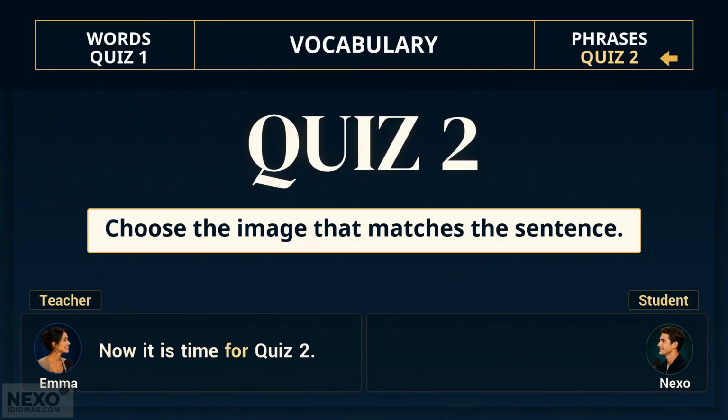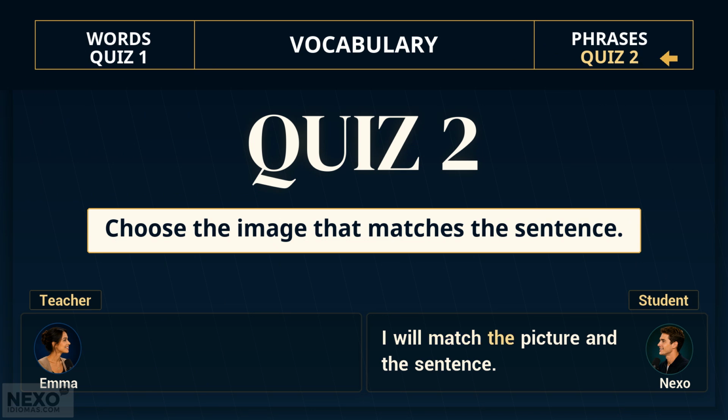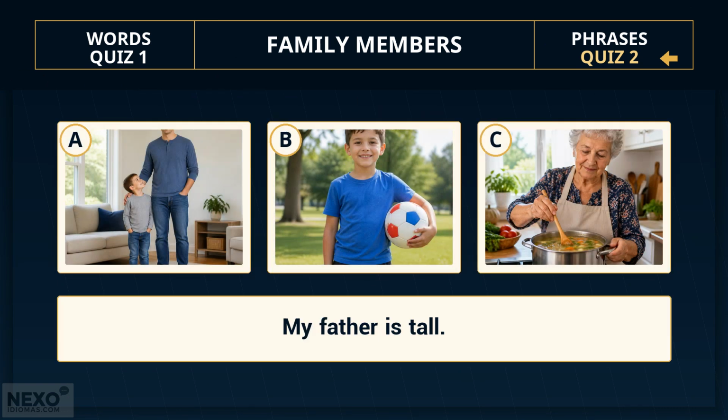Now, it is time for quiz 2. Match the image with the sentence. I will match the picture and the sentence. My mother is kind. B. My father is tall.